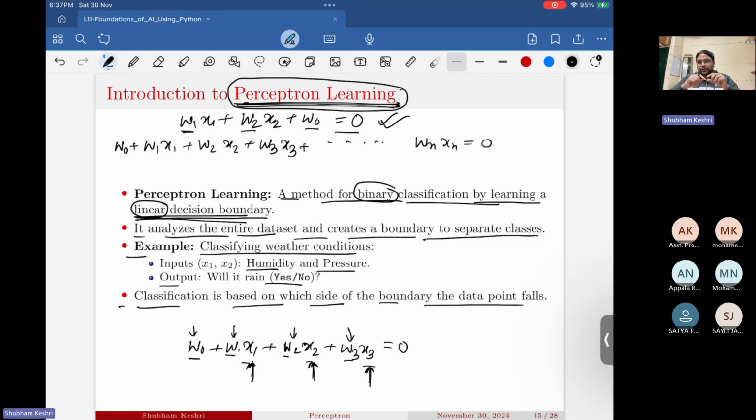And again, this is for equal to 0. When I am saying equal to 0, we are talking about that line. But when I am saying greater than or equal to 0, it is talking about one region, and when it is less than or equal to 0, it is talking about the other region. If you remember, in linear programming, we had equations like a1 x1 plus a2 x2 is less than or equal to b1. So it was talking about one side of the line.